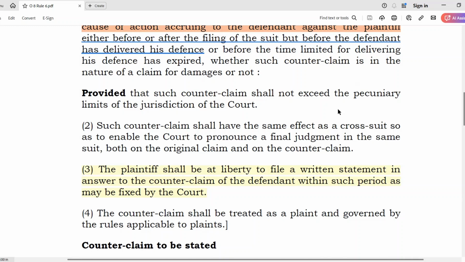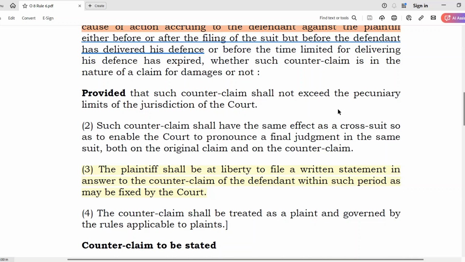And the written statement filed by the defendant is on, say, 30th April 2024. Since the cause of action for the counterclaim arose after filing of the statement of claim by the plaintiff, the defendant can still raise that counterclaim.